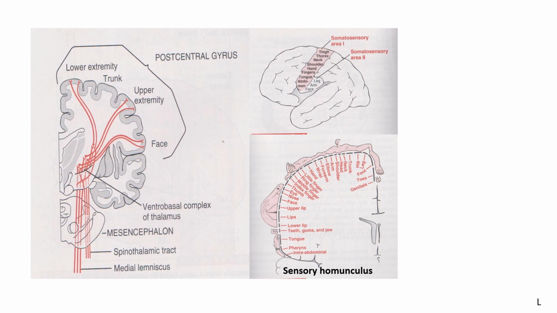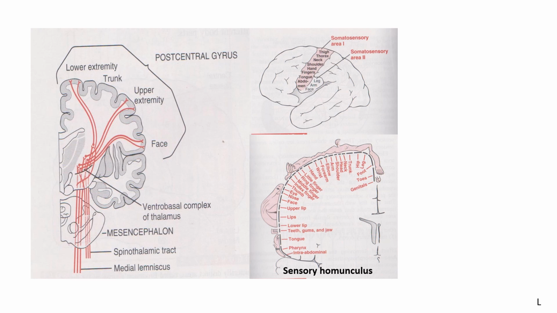Very briefly, how we detect these sensations is shown very nicely by the sensory homunculus. You can see this is an upside down man. You see the head here and the leg on the other side. So sensations from the head, from the eyes, from the nose, this is where they will be felt in the primary somatosensory area. Impulses from the toes, you can see where they will be felt.